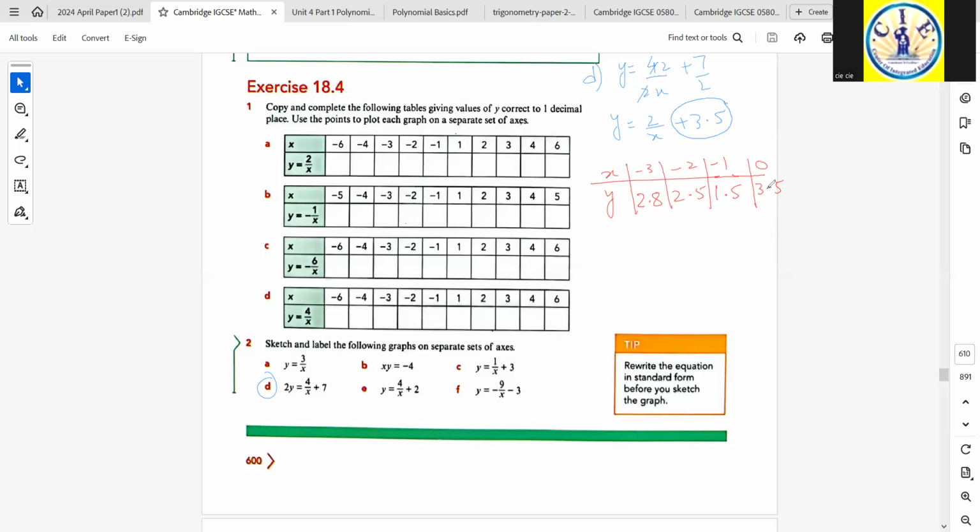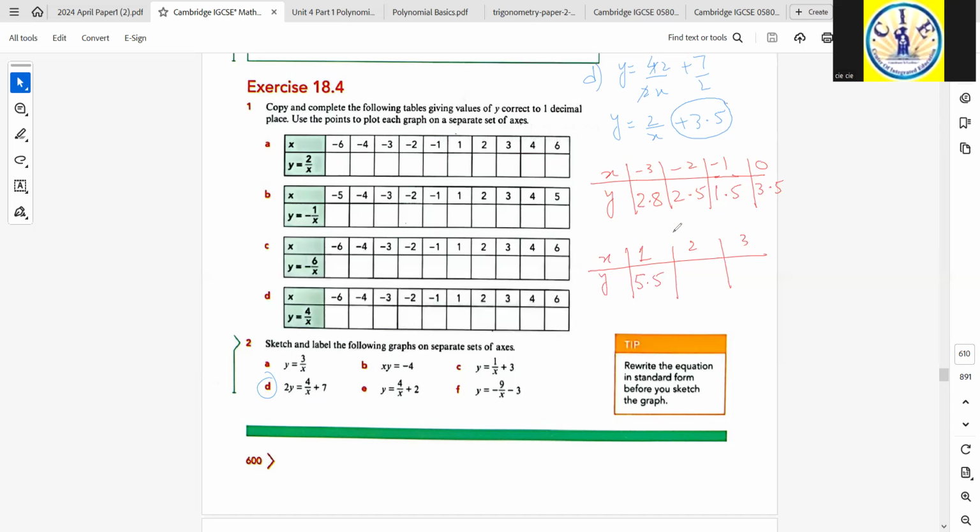Okay, then we can have it for x equals to 1, then 2, then 3. When x is +1, this is 2 plus 3.5, which is 5.5.